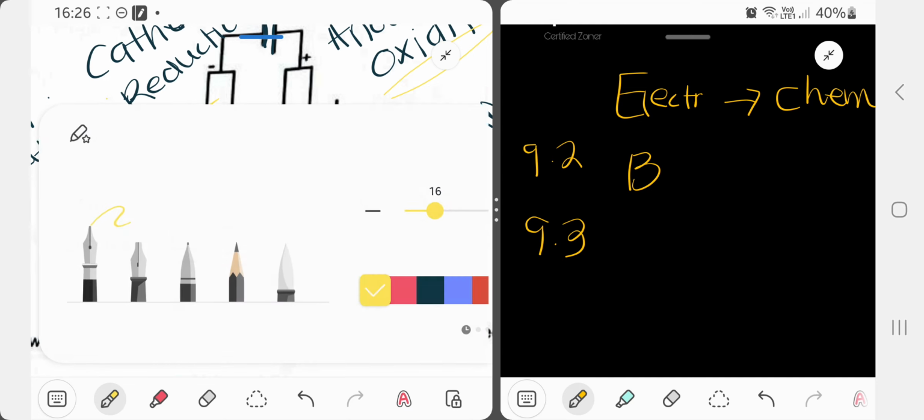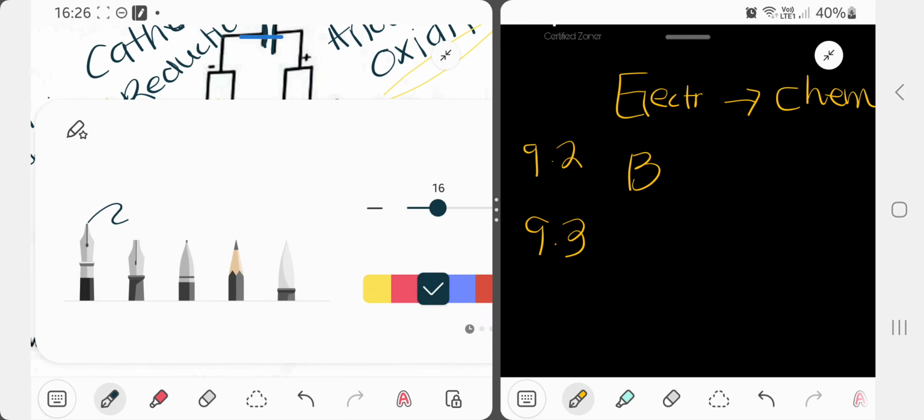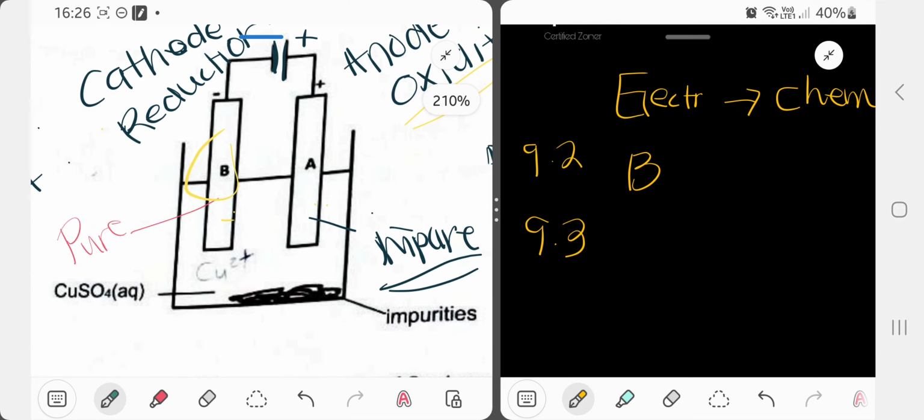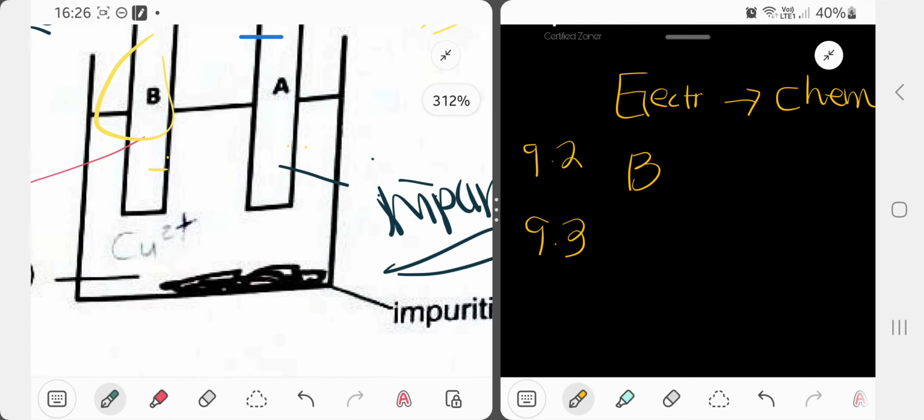It's just that one is pure and the other is impure. So what actually happens here is that we're going to take some of this and put it on that one. If we were to go deeper, we'd understand that the mass of the impure copper will decrease so that it can be fed onto that electrode there.